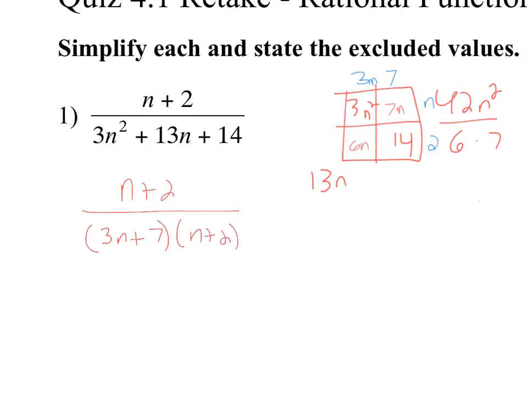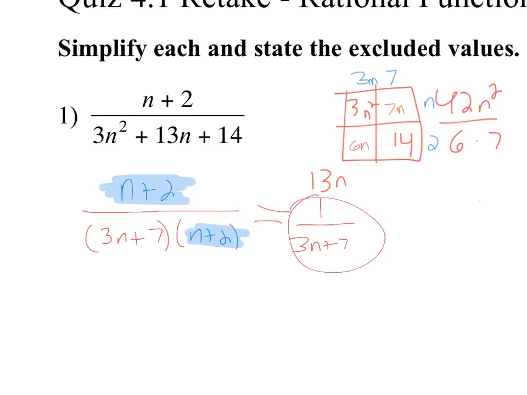It looks like this n plus 2 and this n plus 2 will eventually cancel out, and so I am left with 1 divided by 3n plus 7.